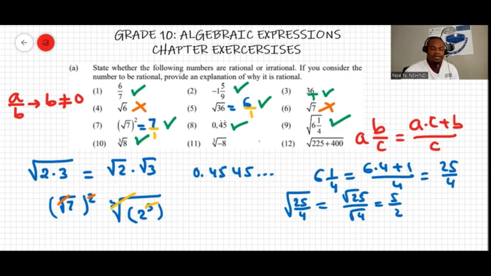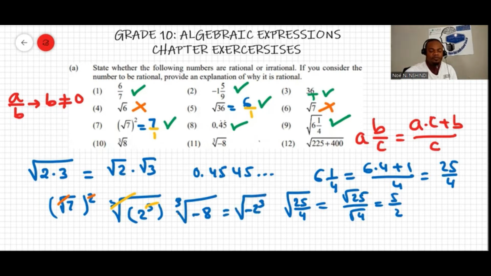And then cube root of -8. Over here, people are usually tempted to say this is an irrational number, but it is rational. I'll prove it to you. We have the cube root of -8, and this will be the cube root of (-2) to the power of 3.